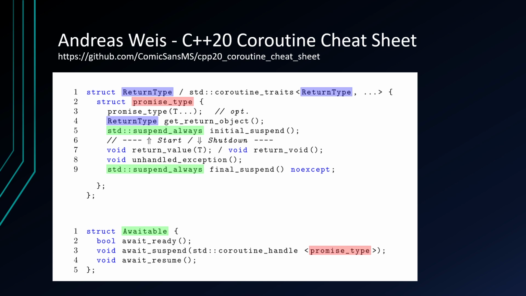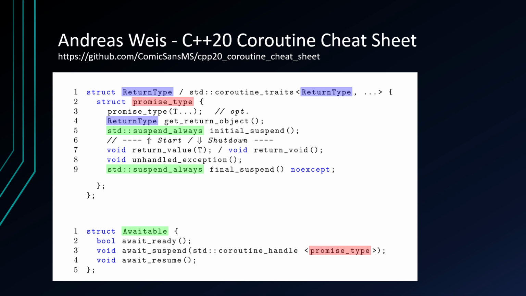So for both of those customization points, he's written the return type as std::suspend_always, so that when we start a coroutine, it always suspends at the very beginning. And when the coroutine finishes execution, it always suspends one more time at the end.